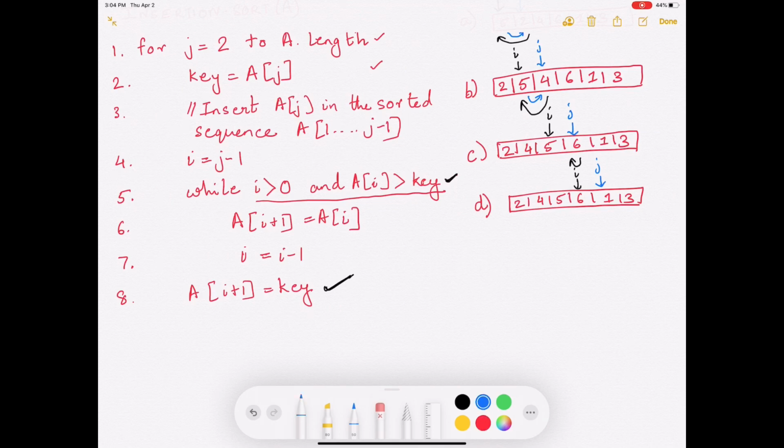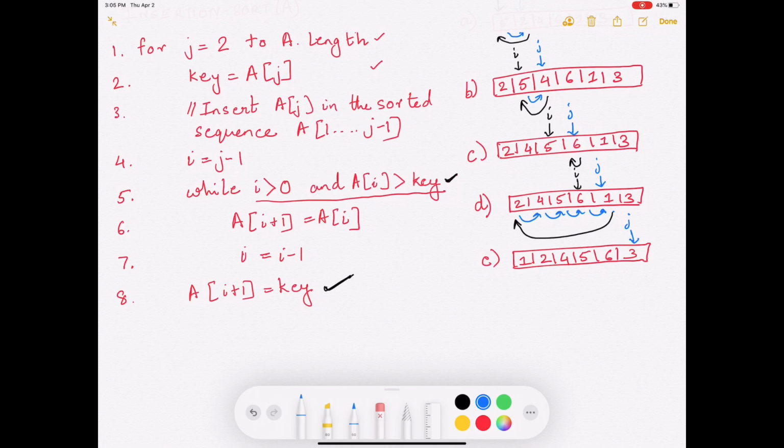So what's going to happen is everything is going to move, right? 6 first gets moved, then 5 gets moved over to the 6th position, 4 gets moved, then 2 gets moved, and finally you have 1 being copied over here. So the array would now look like this. You have 1, 2, 4, 5, 6, and then there is 3. So this is where your j will be.